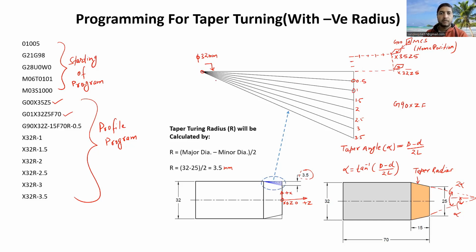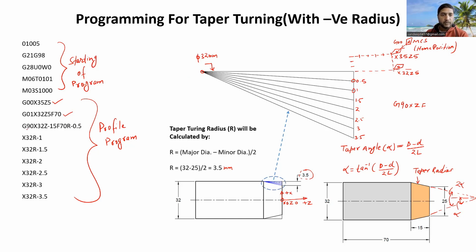Every time we keep the diameter the same and reduce the radius: 0.5 mm radius, then 1 mm, 1.5 mm, and so on up to 3.5 mm radius. Or we can say we are taking the depth of cut here as 0.5 mm.